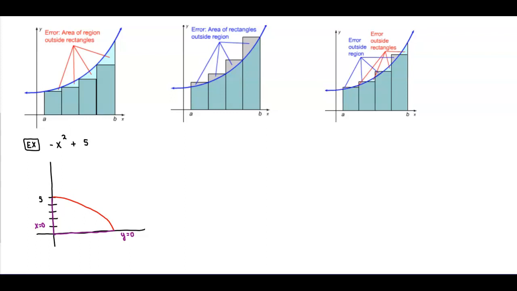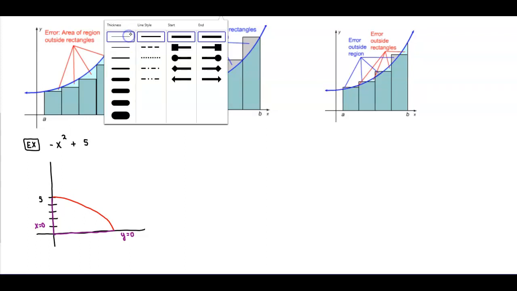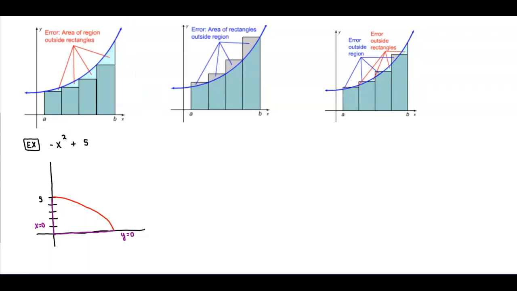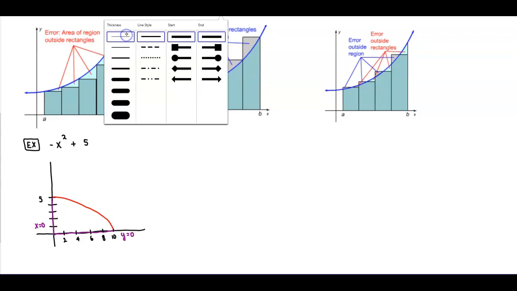Okay, and the next thing that we want to do is determine these increments. So we have increments, let's say this is 2, this is 4, 6, 8, and then it ends at 10. Okay, so what we want to do is create some rectangles like you saw earlier.